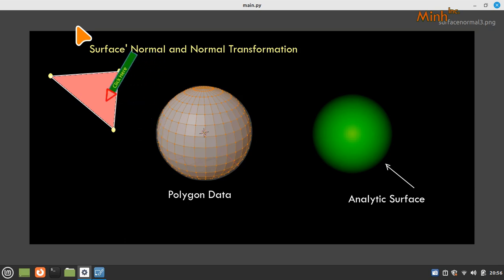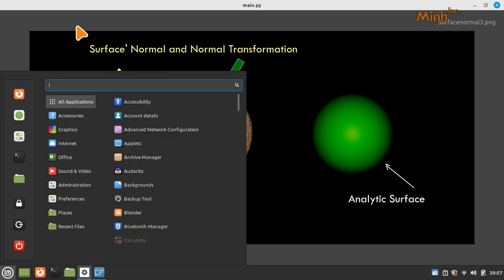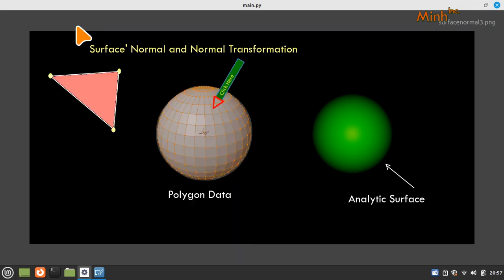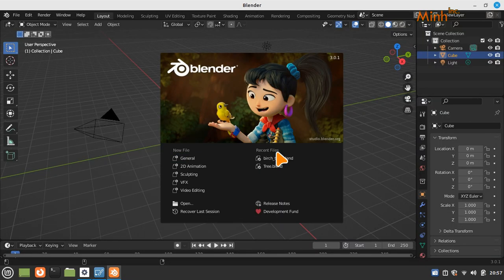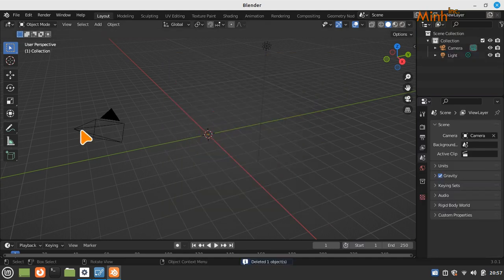Now, a surface can be of two types. Polygonal: can we see so many polygons? These are squares, so these are quads. This can also be a triangular polygon. I can have a sphere.